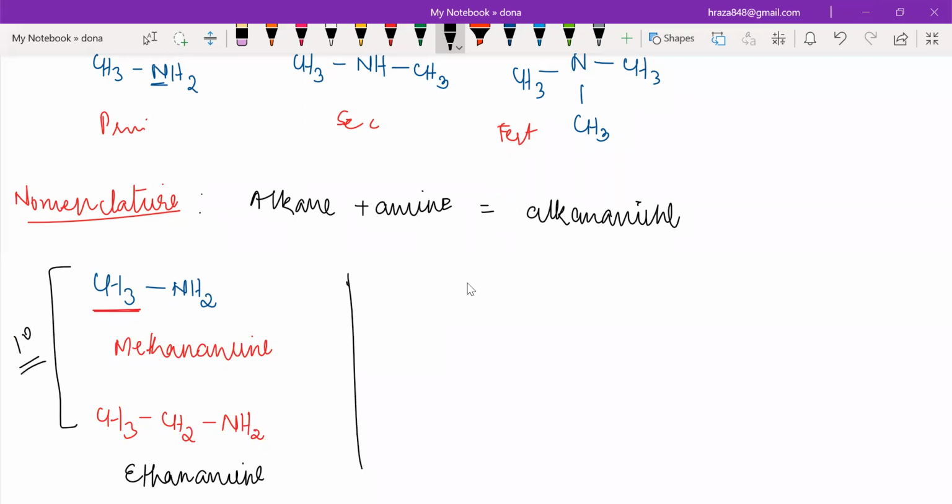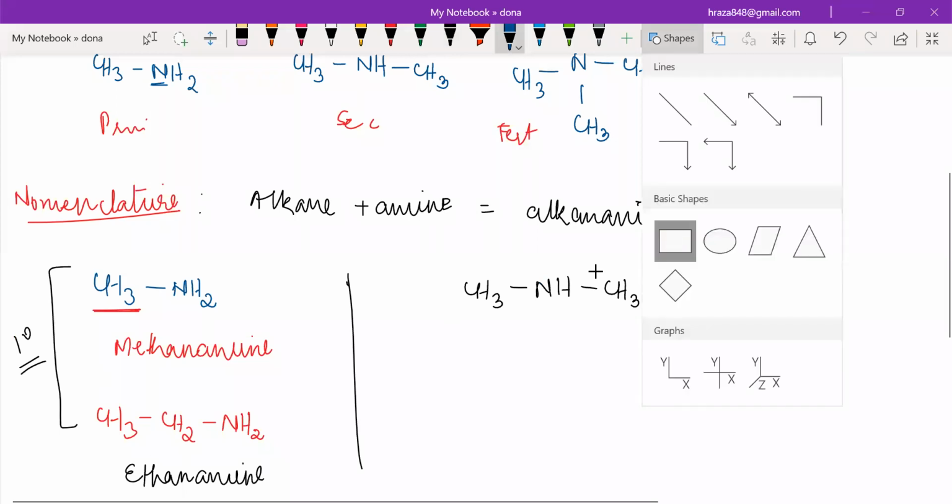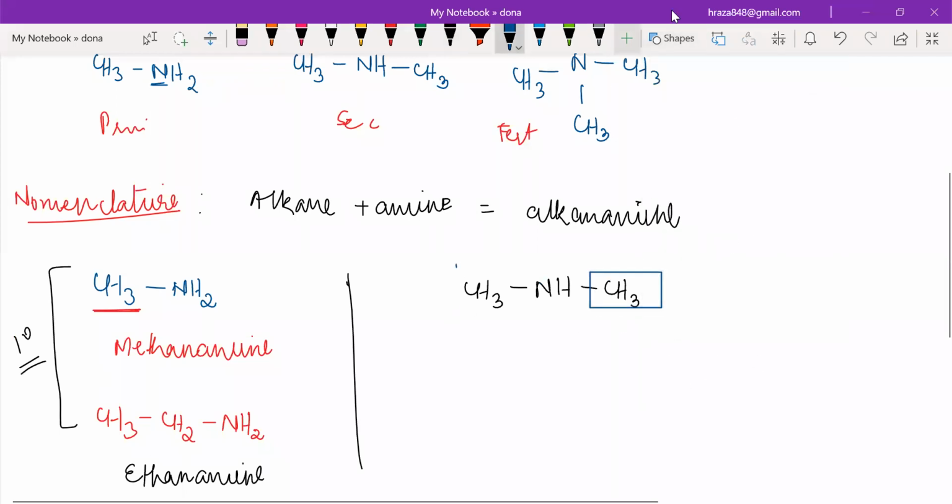Now, if I'm going to give you this, you can see there is two branch of carbon. There is two options. One is here, and another is here. So you have to take one of them as main parent chain, and since both alkyl groups have the same number of carbon, you can take any one of them as substituent and any one of them as parent chain.